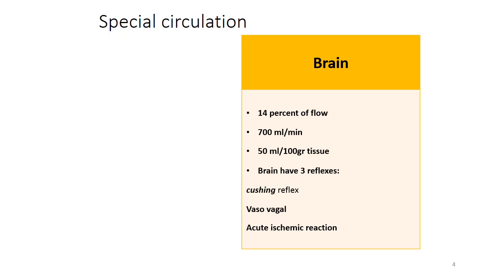In acute ischemic reaction, when the pressure of the brain is lower than 60 millimeters of mercury, this reflex happens and increases the brain flow to about 250 millimeters of mercury, and this is the last survival reflex of the brain. And if this reflex is seen and other reflexes help it, maybe the brain blood flow starts to increase.